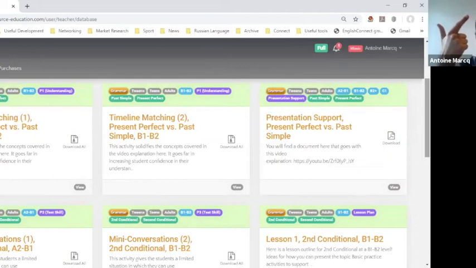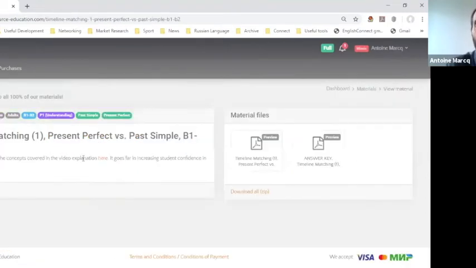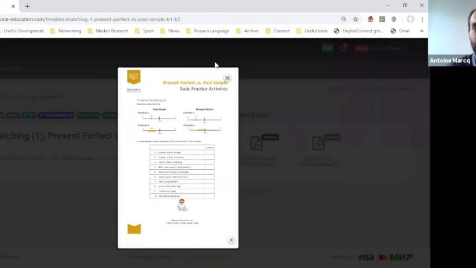It's very solid, it's very good, but there's no necessity. The timelines don't give our students the reason why. It doesn't tell our students when to use it. But nevertheless, timeline matching is a very useful way to teach present perfect following current course programs.